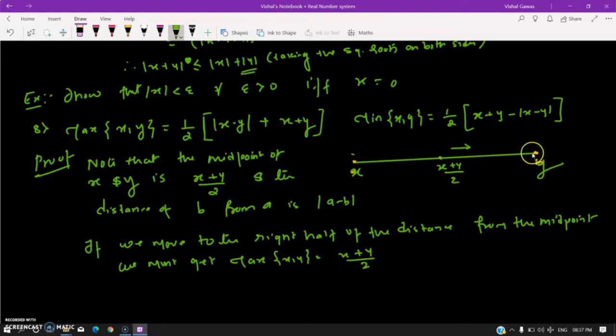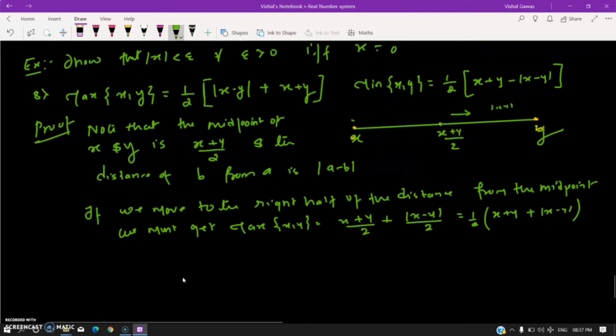And what's the distance? The total distance is modulus of x minus y, so this distance will be exactly half of that. So this would be plus modulus of x minus y by 2, which is nothing but half times x plus y plus modulus of x minus y.